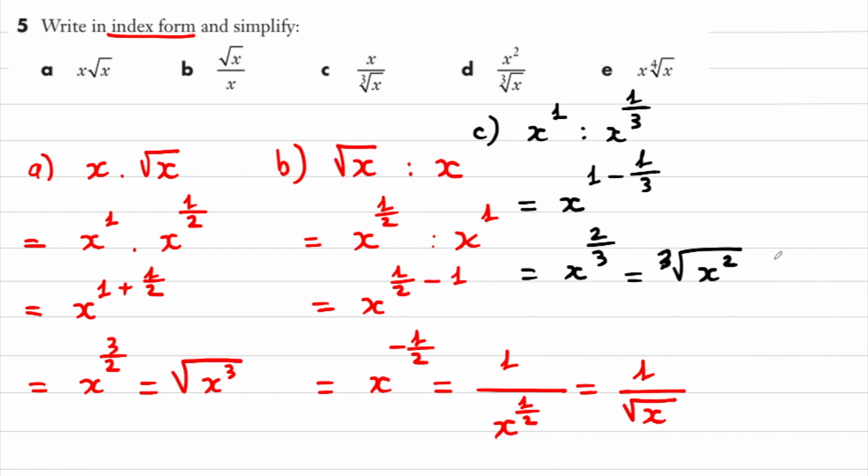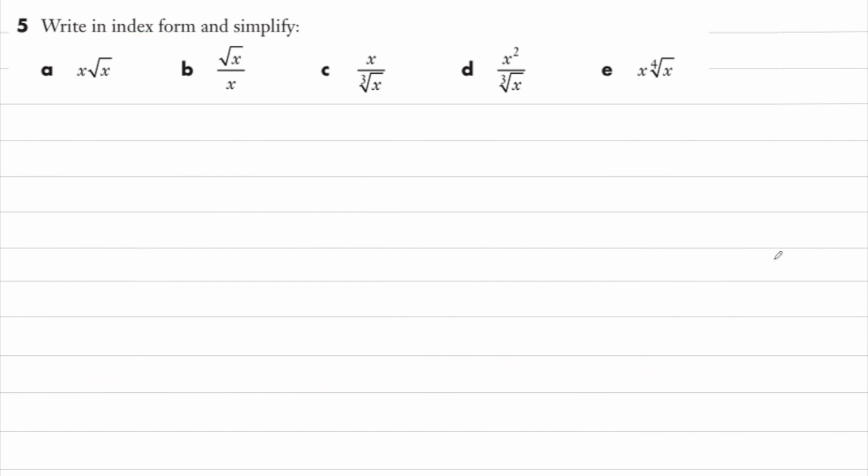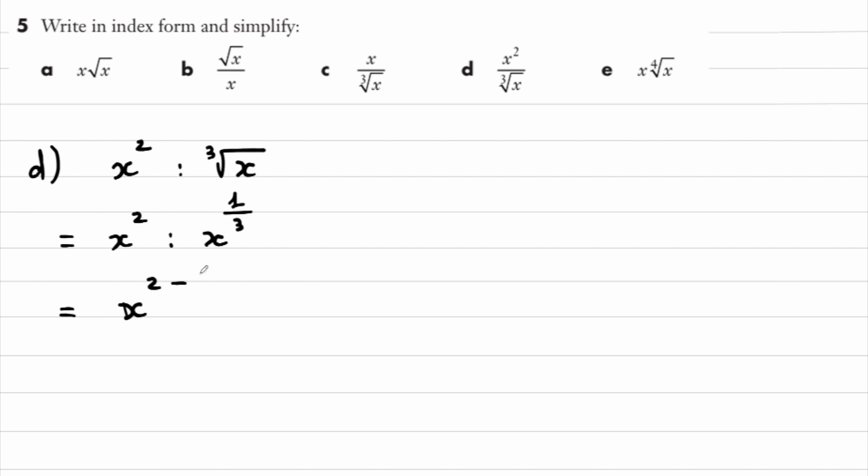Yes. So question D, you will have the division x squared divided by the cube root of x. For the cube root, I convert to x to the power of 1 over 3. Here you've got x to the power of 2 minus 1 over 3, and this will become 5 over 3. So I can rewrite it as the cube root of x to the power of 5.